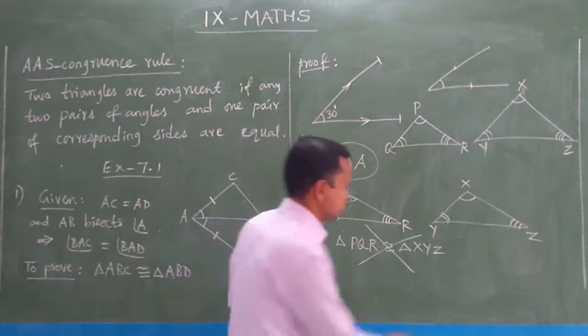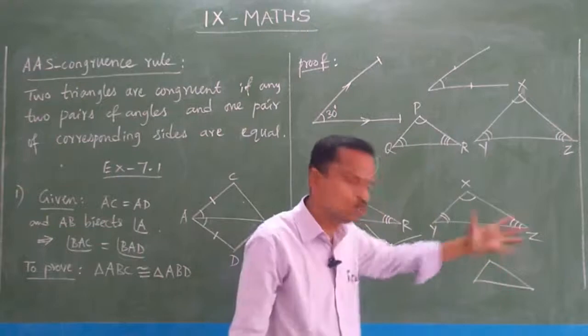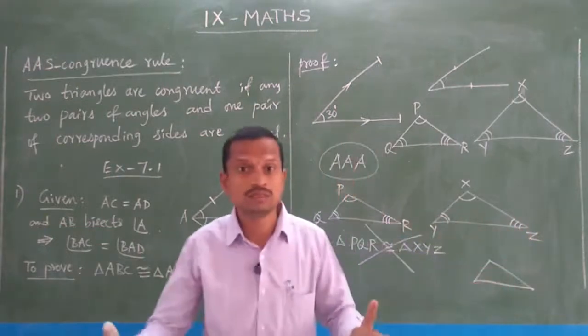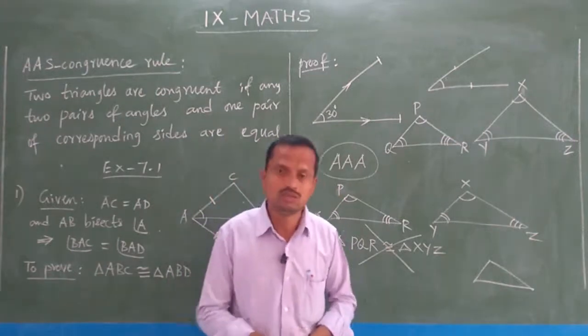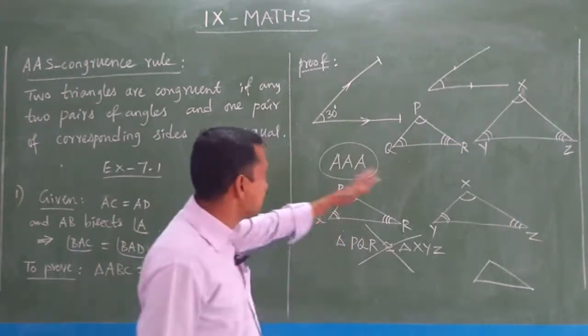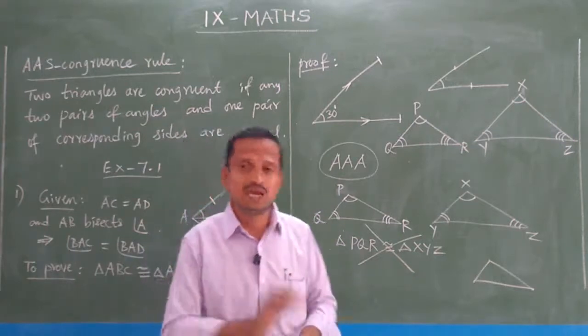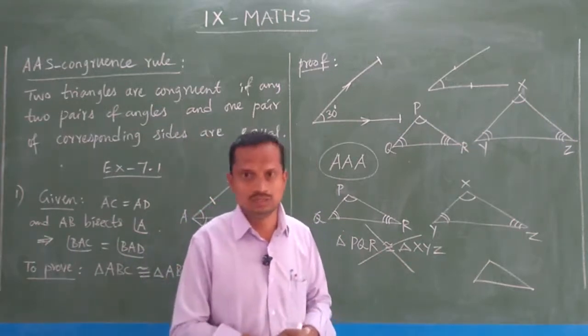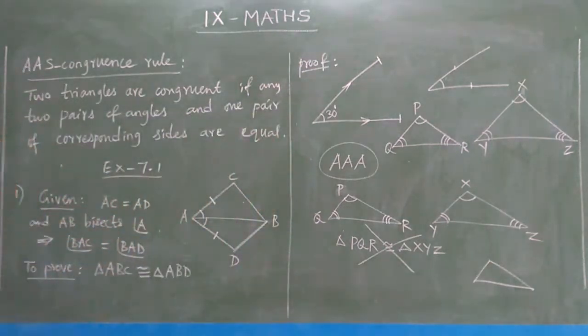For example, you take this triangle. Okay, if you zoom it, the angle will not change, but the size ratio definitely gets changed. So only if the corresponding angles are equal in two triangles, we cannot say they are congruent triangles. Clear? And now we move to the next, exercise 7.1.